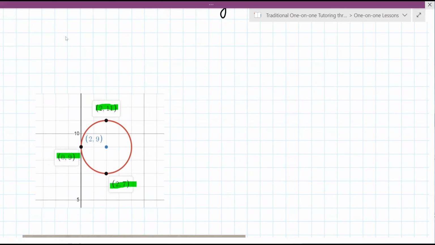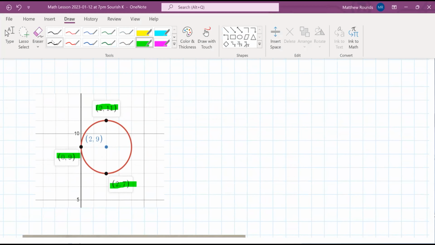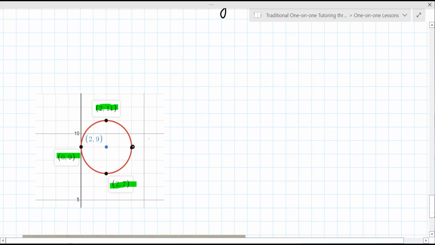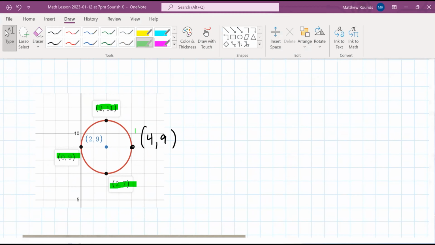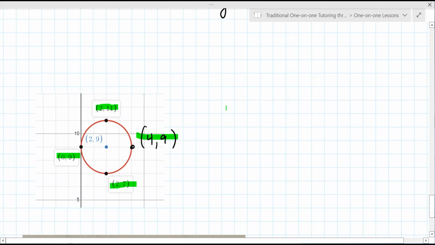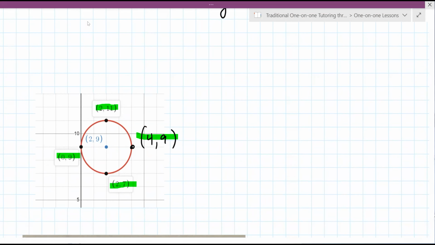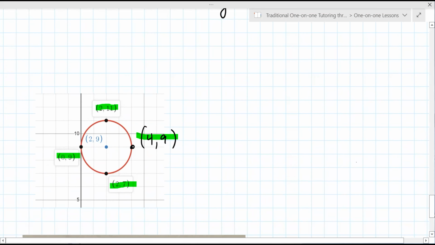There's one more on the right here. This last one is (4, 9). You just write down 2 of those. Any of these points would be okay; they're all on the circle: up, down, left, and right. Can we go back to problem number 11?